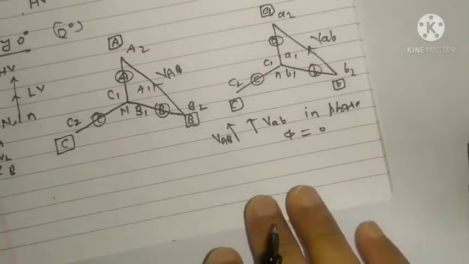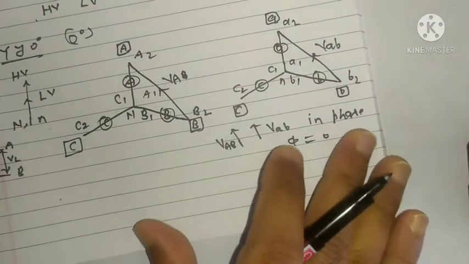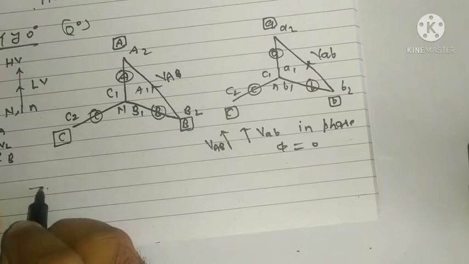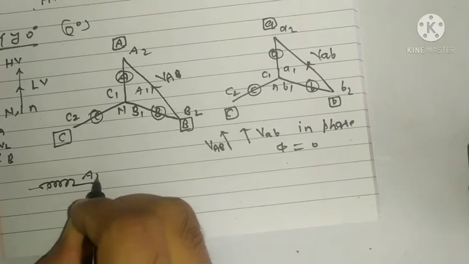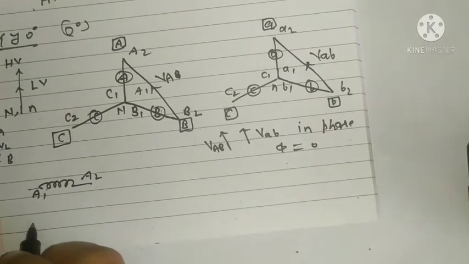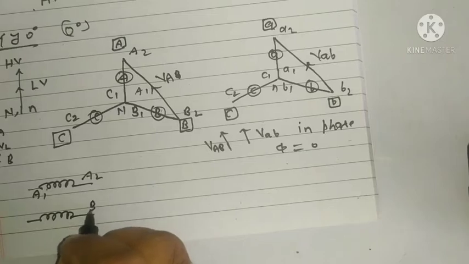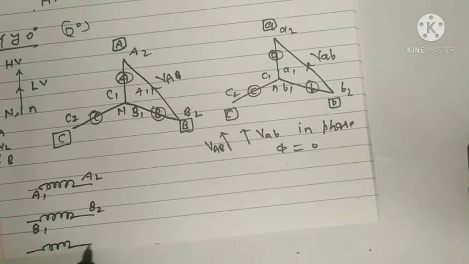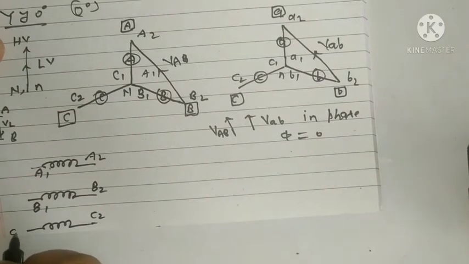Now for connection we have to show 3 windings on primary and secondary, so I can show it here. So these are A2 A1, B2 B1 and C2 C1.